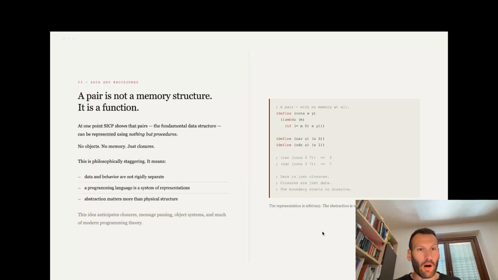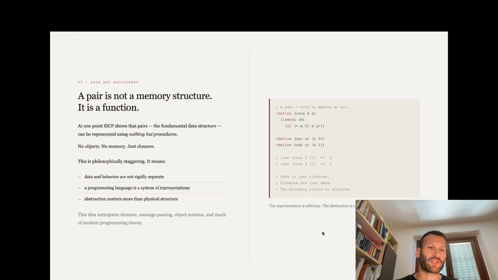Another important concept is that a pair, which is the basic structure of Lisp, of Scheme, is not only a memory structure, but it is a function. And at one point, Structure and Interpretation of Computer Programs shows that pairs, the fundamental data structure, can be represented using nothing but procedures.